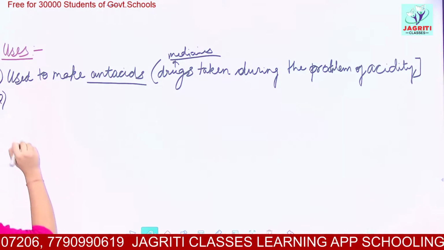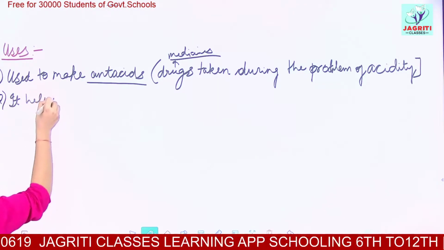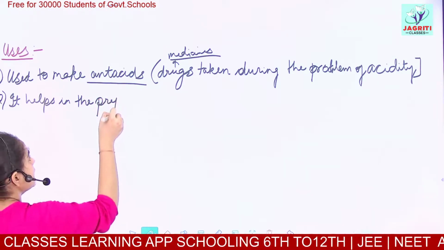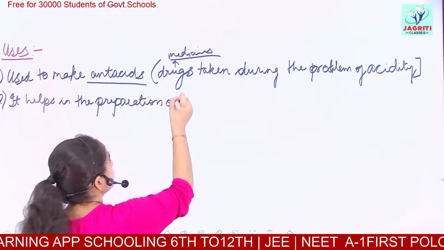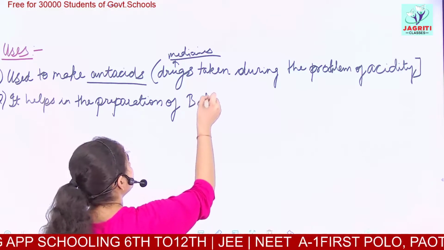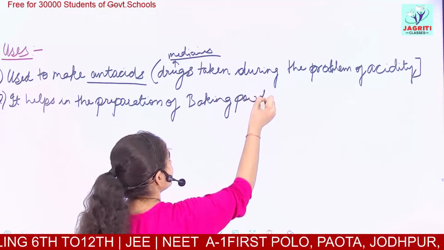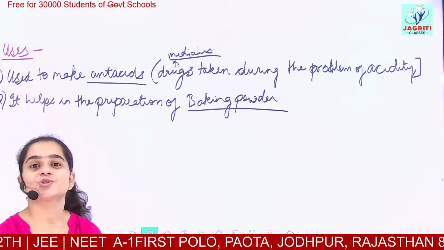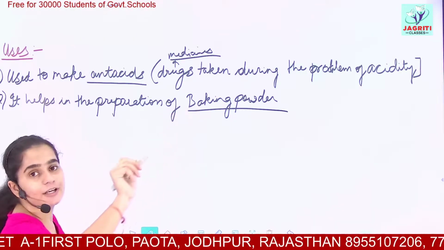Then the second use is it helps in the preparation of baking powder. I hope you all are well aware what you mean by baking powder. Baking powder is used in bakery. Yes, it is used to make things fluffier. So how is this baking powder made?